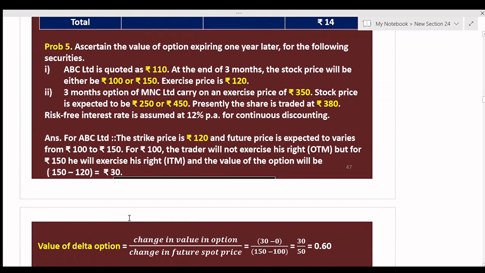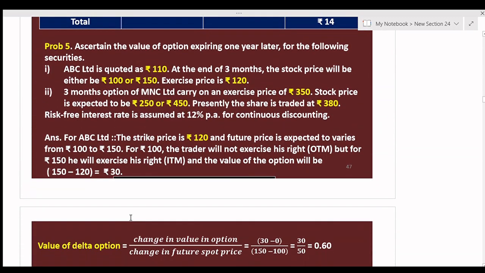Last day I solved this problem. Ascertain the value of option expiring 1 year later for the following securities. ABC quoted at rupees 120. At the end of 3 months, stock price will be either 100 or 150, and exercise price is rupees 120.